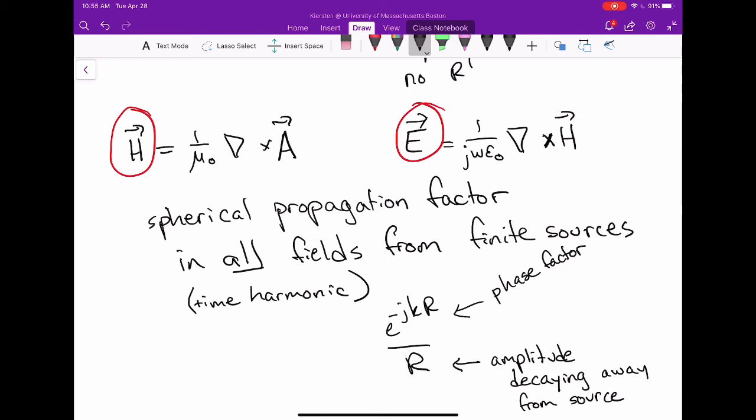It has phase fronts that are surfaces of constant r. A surface of constant r is otherwise known as a sphere.